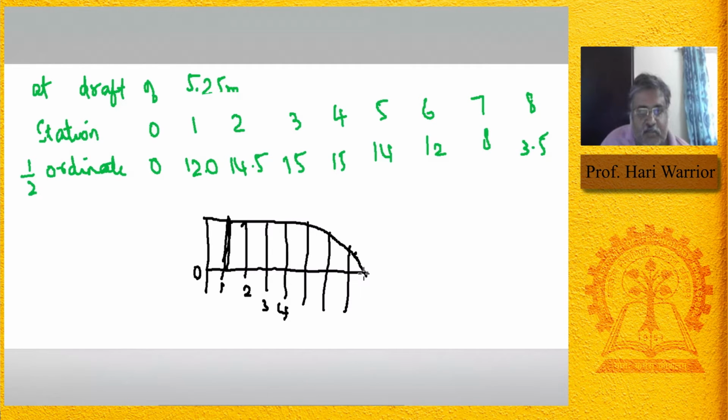So it started from here. 0, 1 is 12, then 14.5, 14.5, 15. Oh, this is the whole thing. This is a different kind of ship. Sorry.